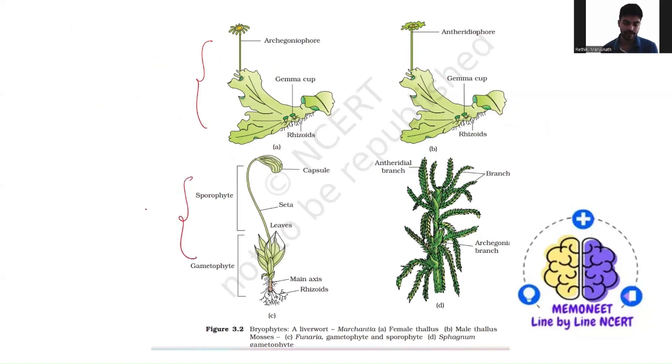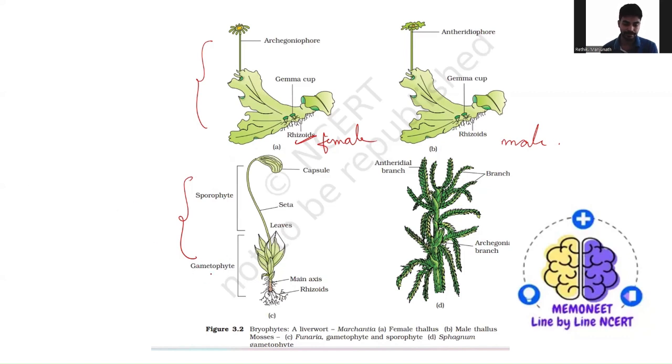Some examples of liverworts: this is the male thallus, and this is the female thallus. I have already explained the thallus, the body region.